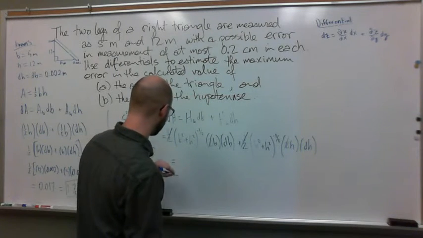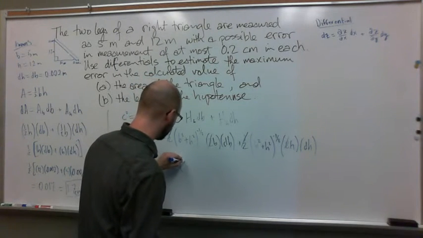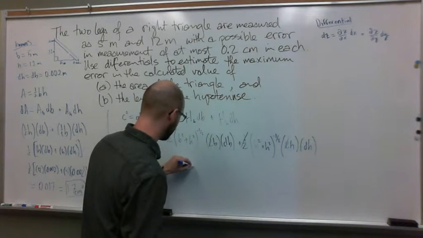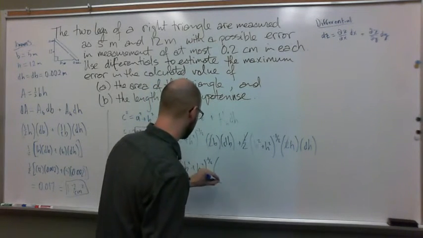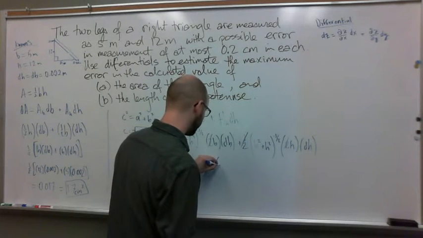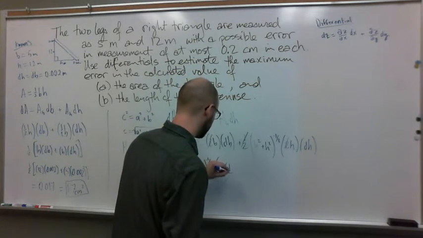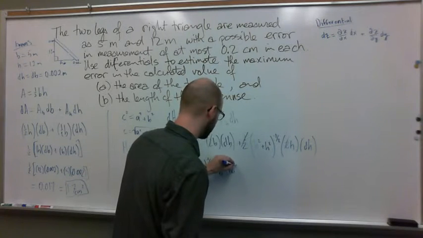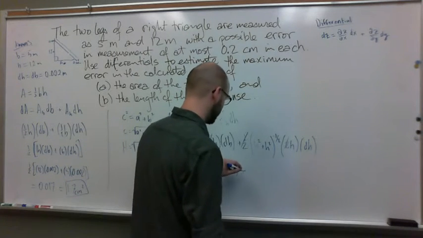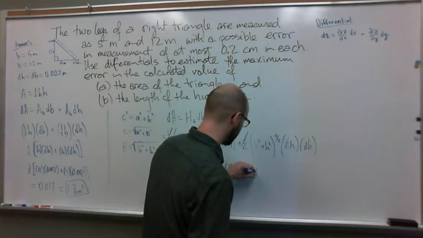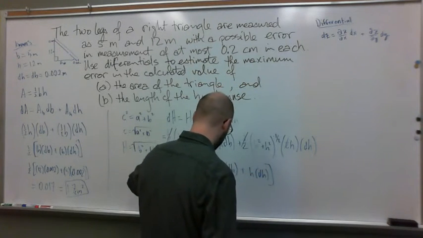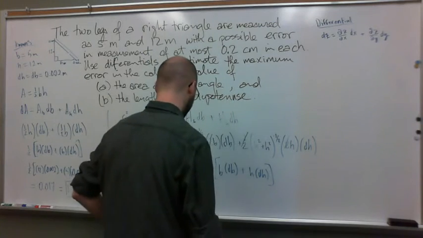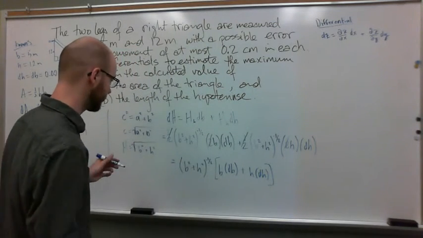So that's going to equal b squared plus h squared to the power of -1/2 times b, the base, times db plus height times dh. Okay, so now all we have to do is plug in our variables again.